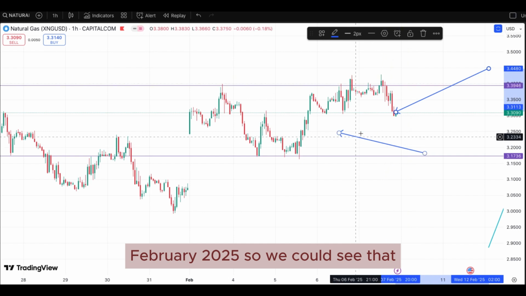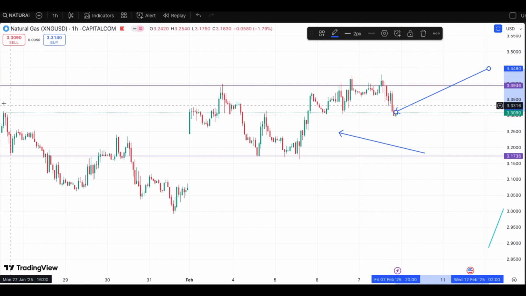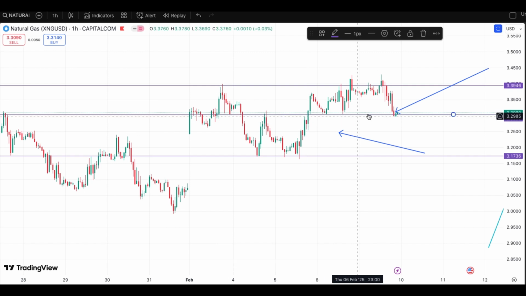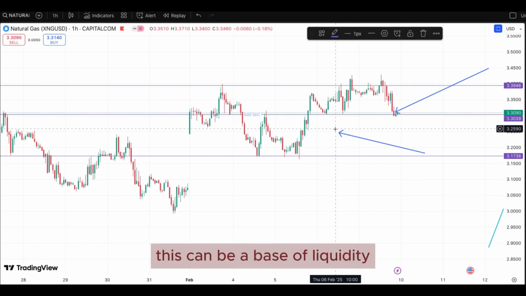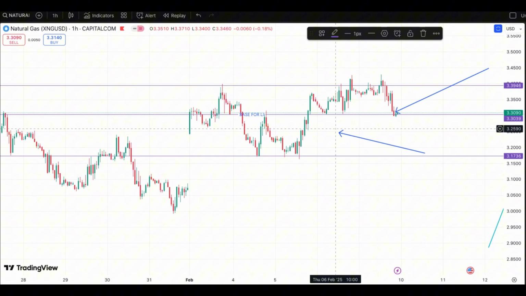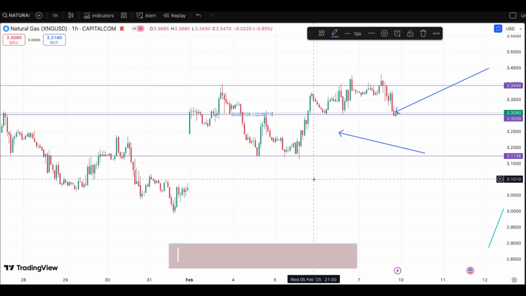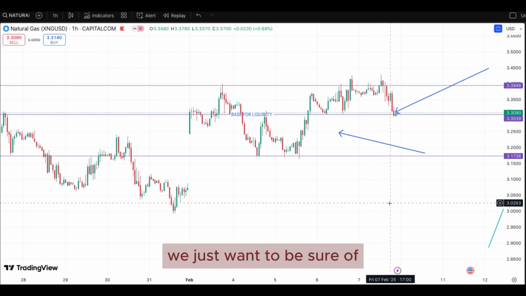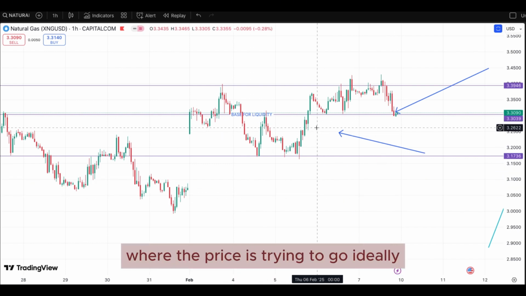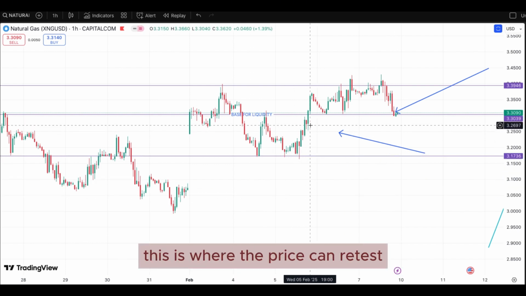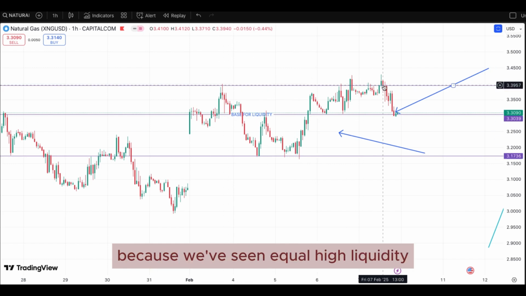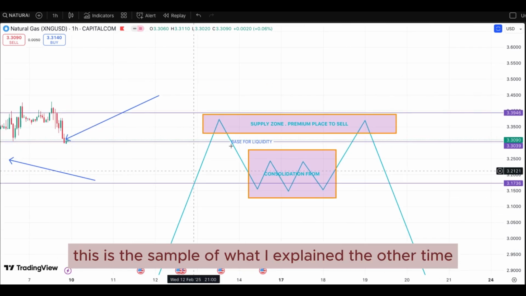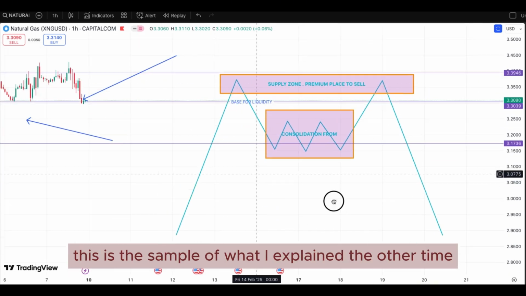So we could say this can be a base of liquidity. It's not confirmed yet, but this can be a base of liquidity. We just want to be sure of where the price is trying to go. Ideally, this is where the price can retest because we've seen equal high liquidity and equal high liquidity. This is a sample of what I explained the other time.